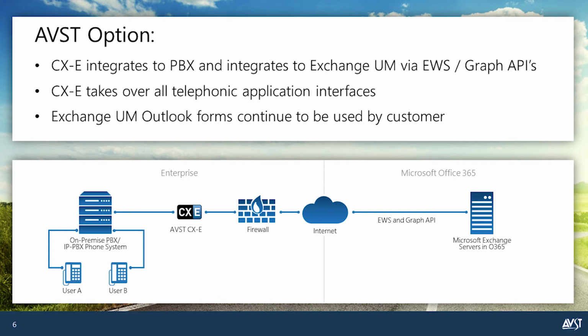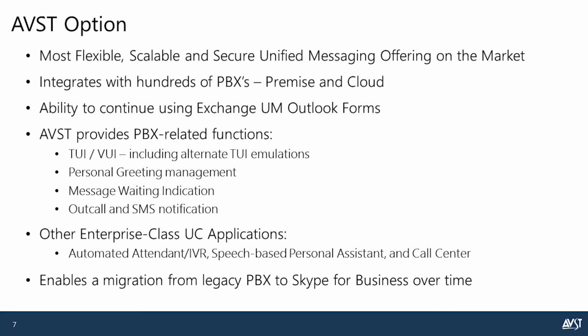So it's really a best of both worlds, where all the telephony applications and interfaces provided by CXE are available to the customer, but they can continue to use the familiar Outlook interface that they've been using as a user of Exchange.